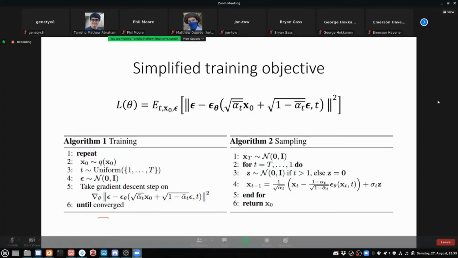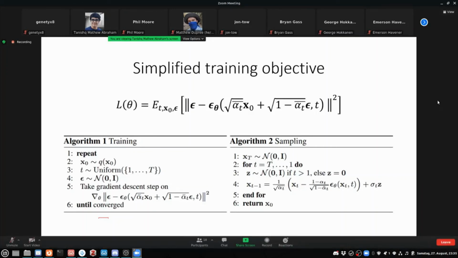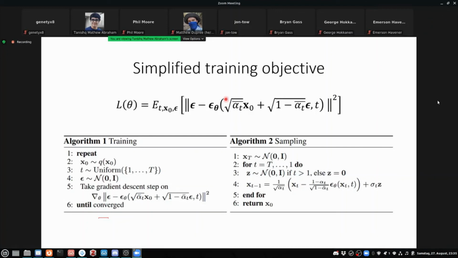Just in regards to the implementation. For example, in step 2 of algorithm 1, we're pulling X naught. If that's an image, are we flattening that image down to one dimension, or is the image just passed as is into a UNet? Just like you would see with any sort of image-to-image task.